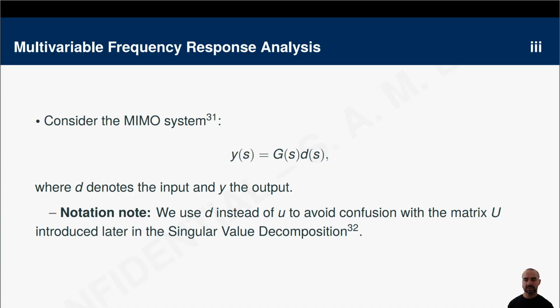I do know that conventionally we call the input U, but it doesn't matter, it's just notation. To avoid any notation clashes later, we use D instead of U as an input to the system. Later, when we talk about SVD, we're going to go back and use U.